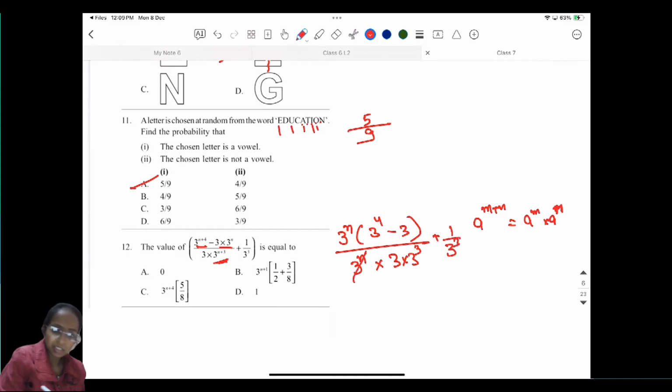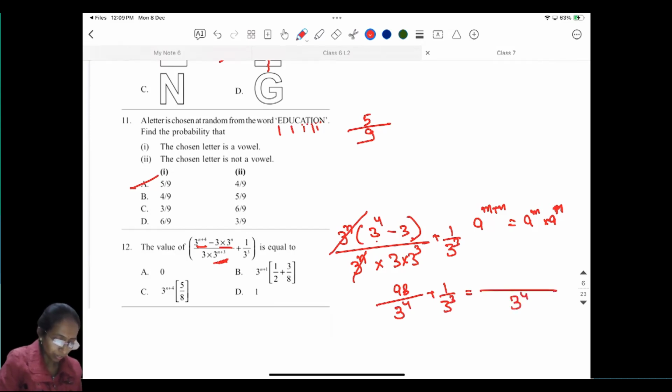So we can cancel out the 3 to the power n from the numerator and the denominator. The left thing is 3 to the power 4, that is 81, 81 minus 3, which is 78, upon 3 to the power 4 plus 1 by 3 cube. So taking the LCM, we are having the LCM as 3 to the power 4. So this will be 78 plus again 3.